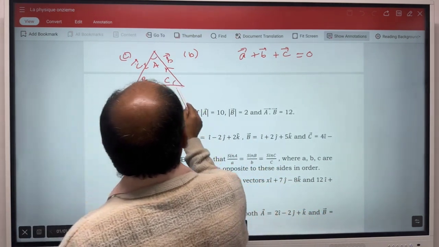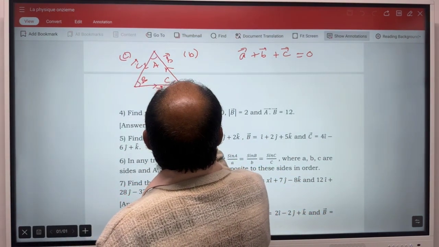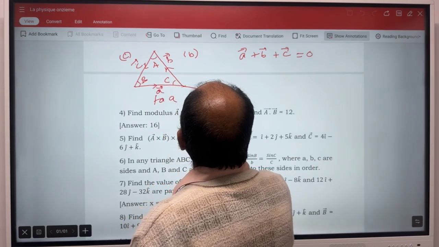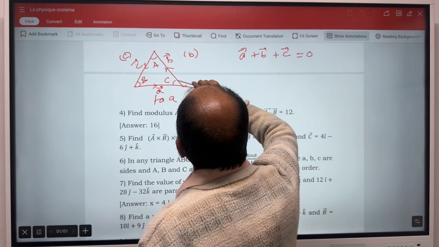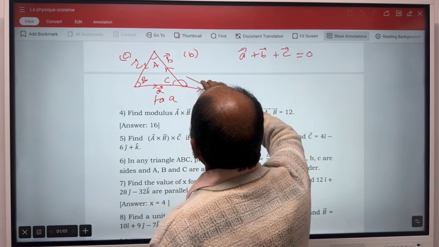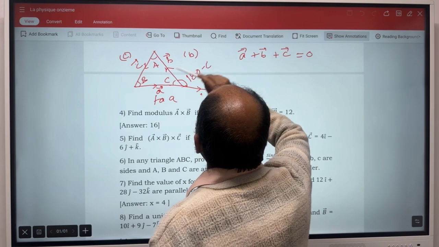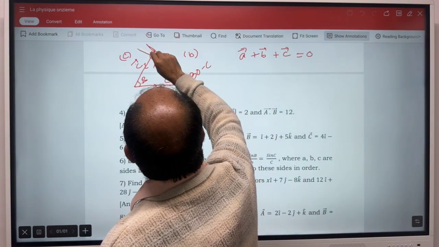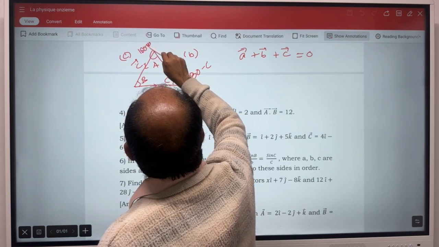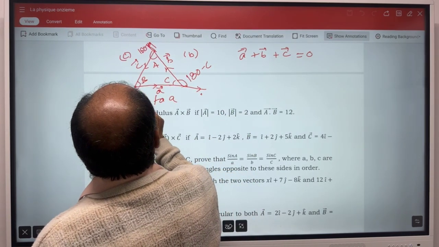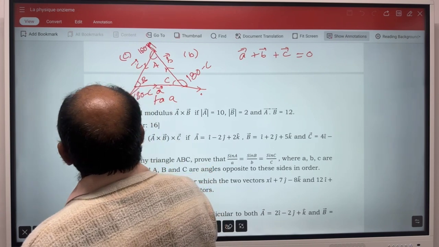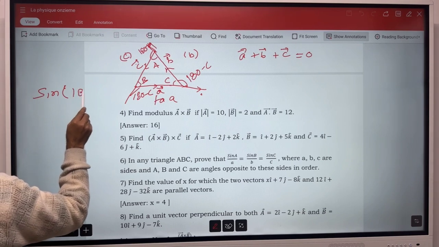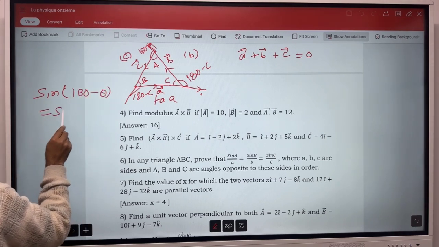Now here if we extend this A, so this will be vector A. So the angle enclosed between vector A and C, since this is a straight line, will be 180 minus C. Similarly, if B is extended to here, this angle will be 180 minus A. Similarly here you will get 180 minus C. But fortunately you know that sine of 180 minus theta is also sine theta.